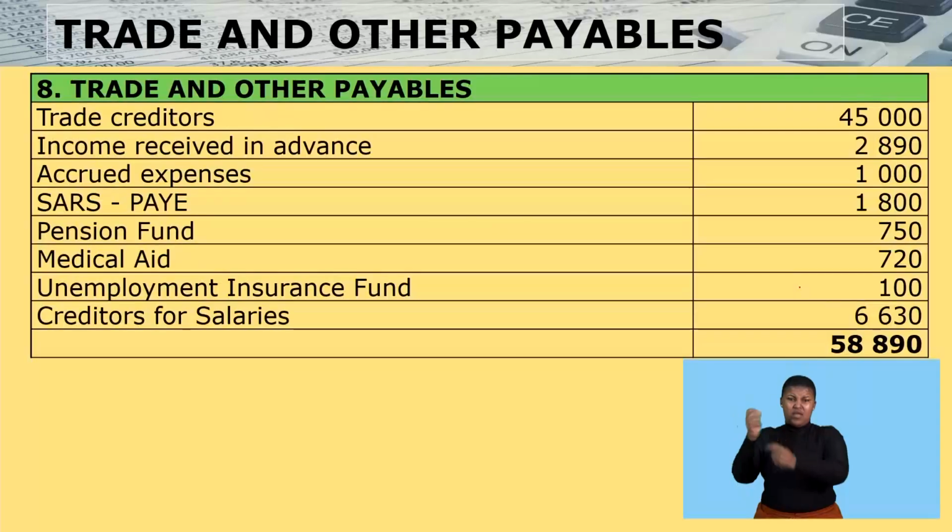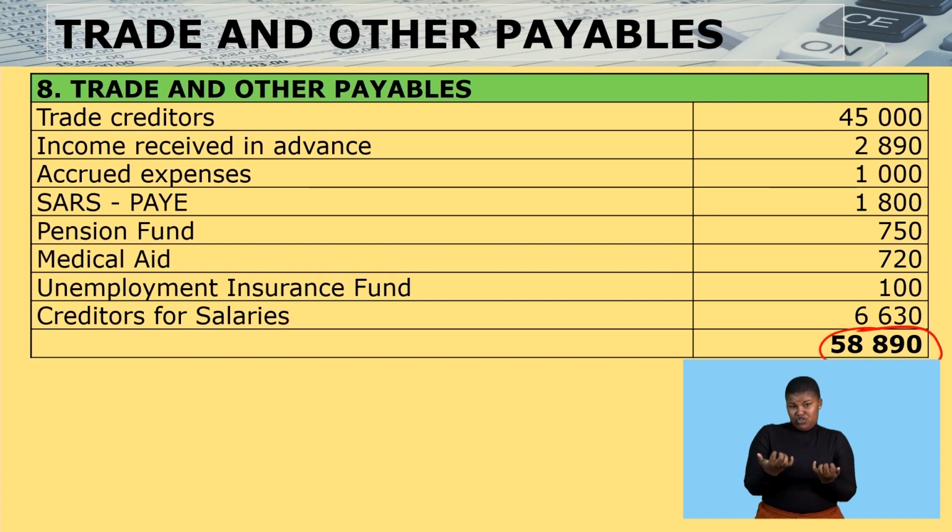Welcome back, dear learners. Before the ad break, we did note number 8, that is trade and other payables, and we found that the total was 58,890. Remember what I said at the beginning of this lesson. We are preparing the statement of financial position.